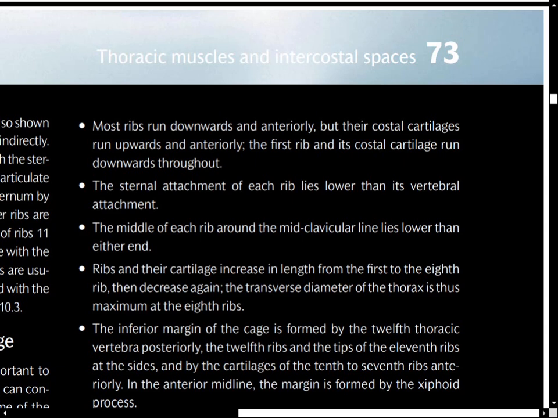The inferior margin of the cage is formed by the 12th thoracic vertebra posteriorly, the 12th rib, and the tips of the 11th ribs at the sides, and by the cartilage of the 12th to 7th ribs anteriorly. In the anterior midline, the margin is formed by the xiphoid process.